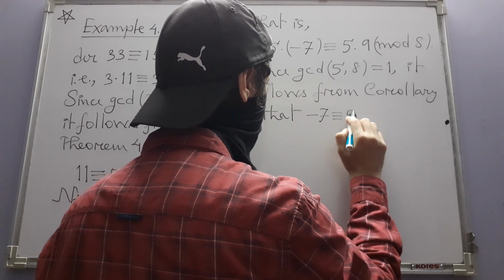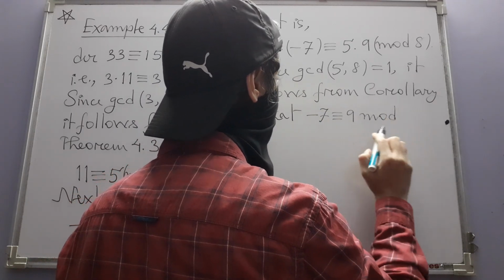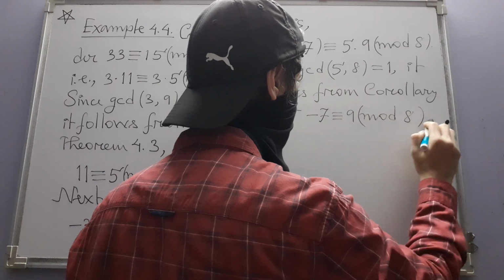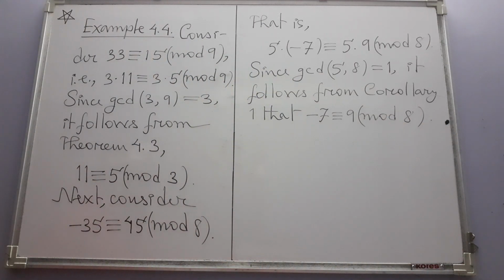Minus 7 is congruent to 9 modulo 8. And the difference between 9 and minus 7 is 16, which is divisible by 8.